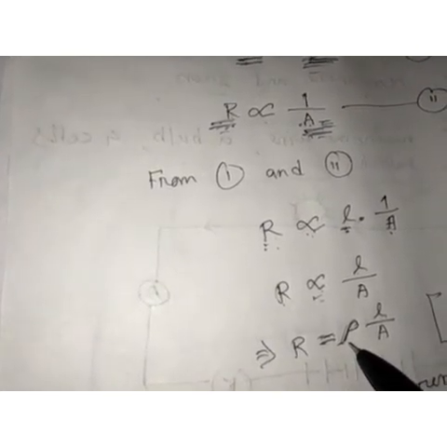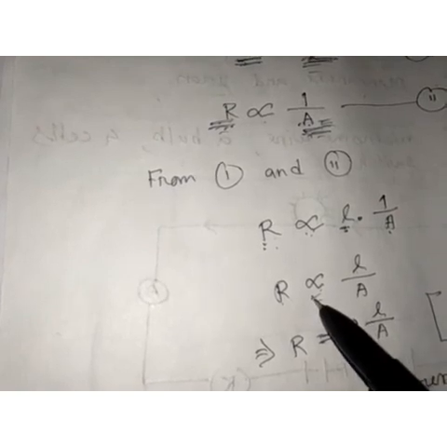This constant is put in place of proportionality, so it is called the constant of proportionality, and this symbol is called rho. But this constant also has a definite name, it is called resistivity. The SI unit of resistivity is ohm meter.